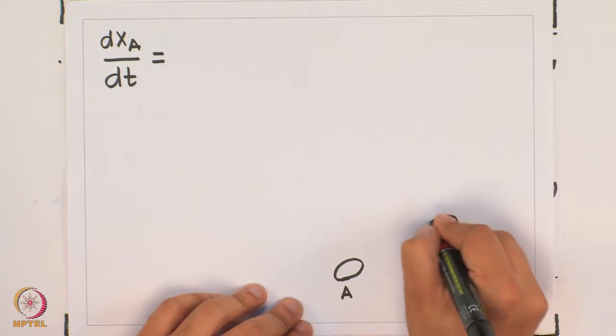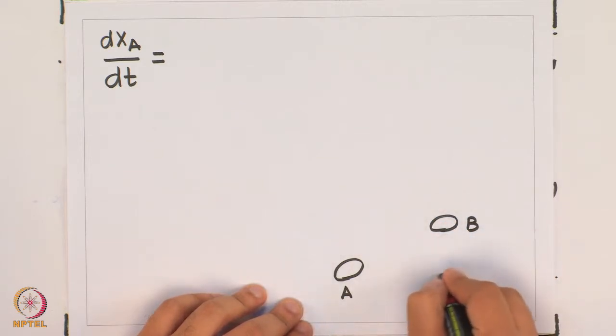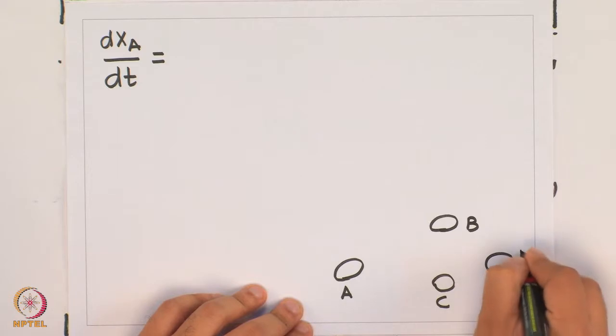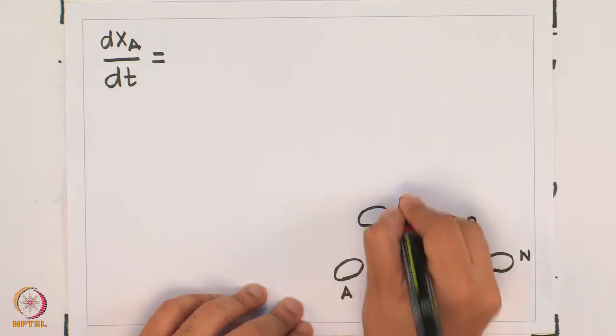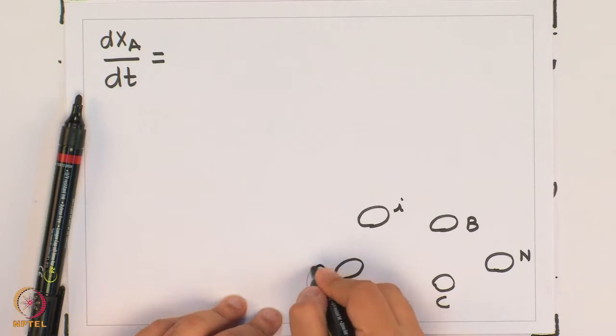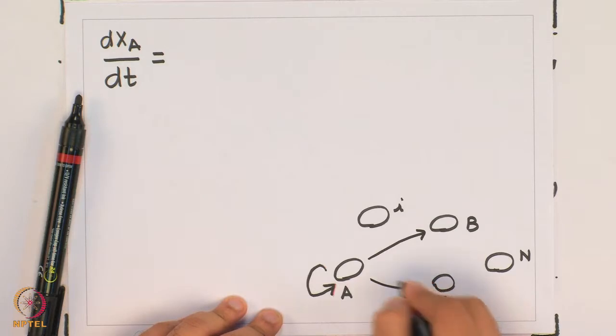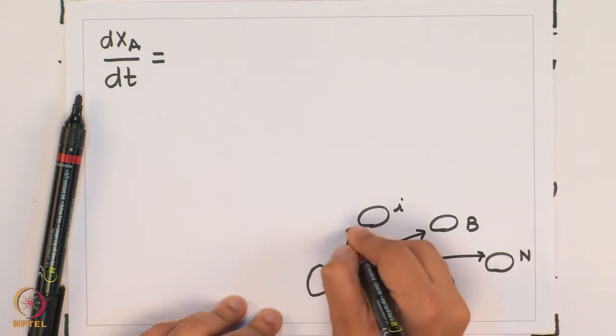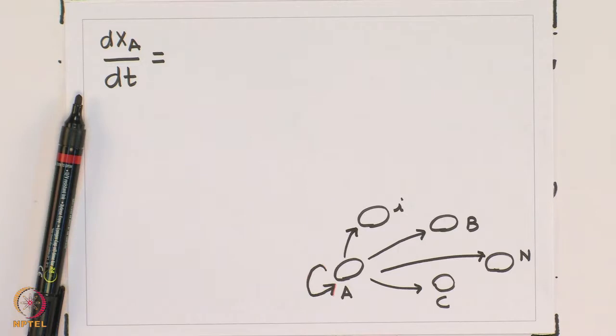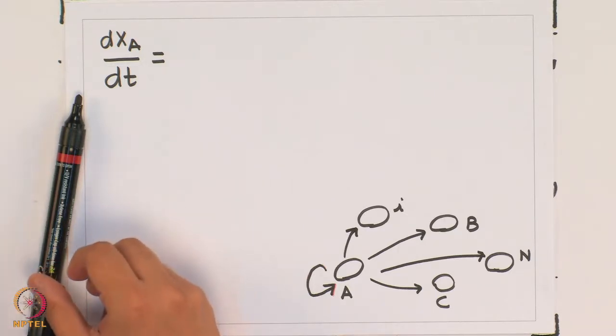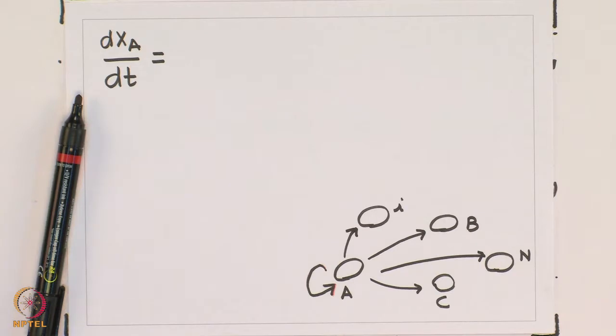We have genotype A, B, C, N and I, and we have A leading to A, and leading to B, C, N and I. What influences the number of A's that are present in the population that we are talking about here? So to account for the number of A's in the population, we are going to be interested in all the arrows which are coming into node A.